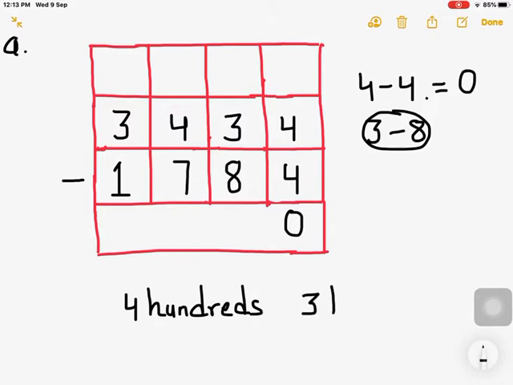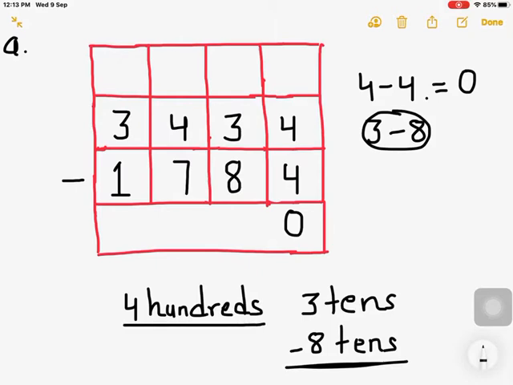We could not subtract 8 tens from 3 tens, isn't it? It is impossible. So we borrow from the hundreds column here. So 400 will give 100 to the tens column. So what will be here?